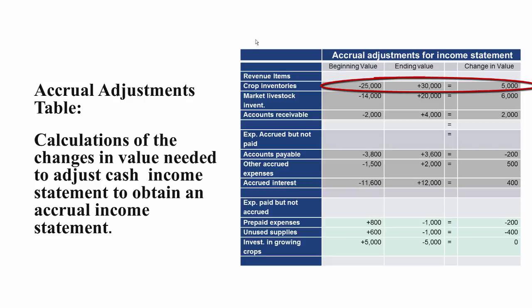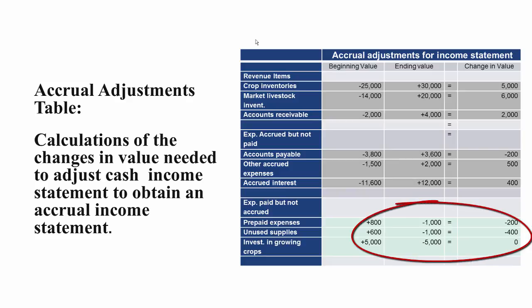This increase is shown as a positive number in the change in value column. Similar calculations are made for all other accrual adjustments except for prepaid expenses and unused supplies, where the ending value is subtracted from the beginning value, resulting in negative $200 and $400 respectively.